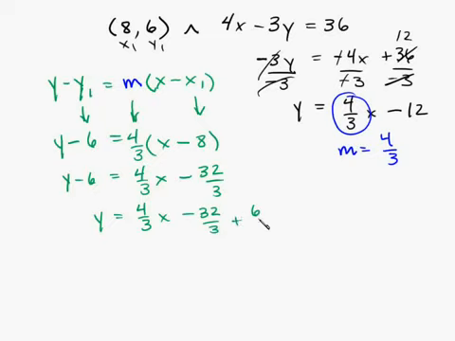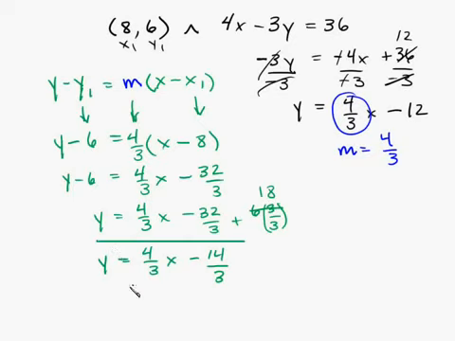So I want the 6 to have a denominator of 3, which means that I would have to multiply top and bottom by 3/3, which makes this 18/3. And then I would just go ahead and add them. So y equals 4/3 x, and when I add 18 plus a negative 32, I get a negative 14/3. And that would be your final answer.